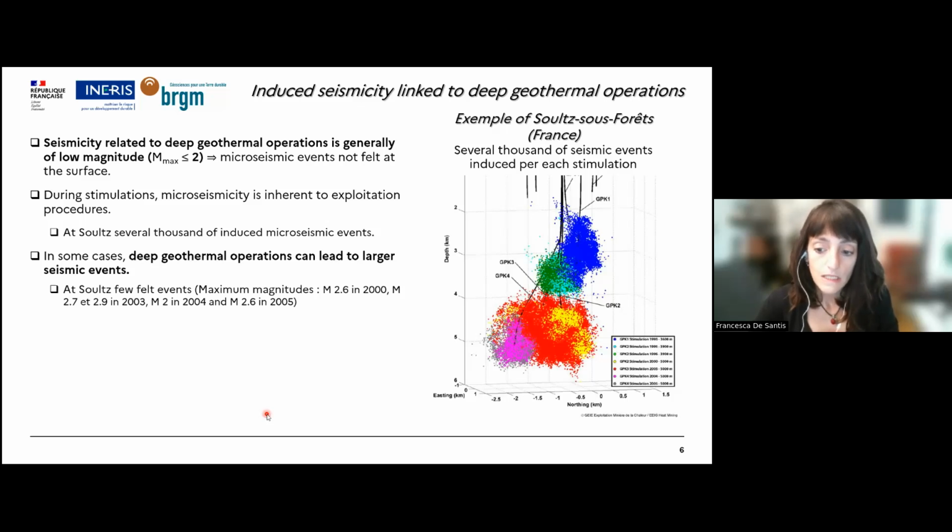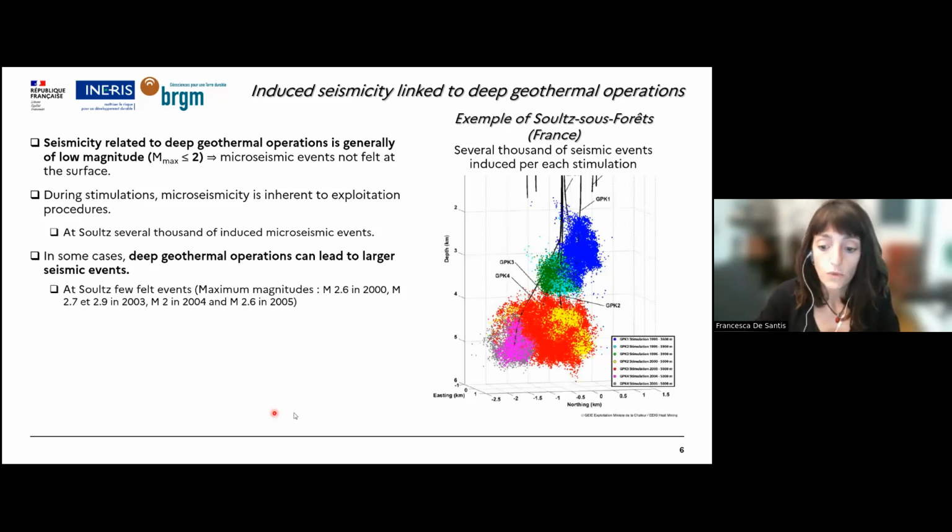This microseismicity is even inherent to some operations of deep geothermal projects, especially when we use stimulation, as Julie just explained, because in this operation, basically we have shearing along pre-existing structures in order to enhance the permeability of the reservoir.